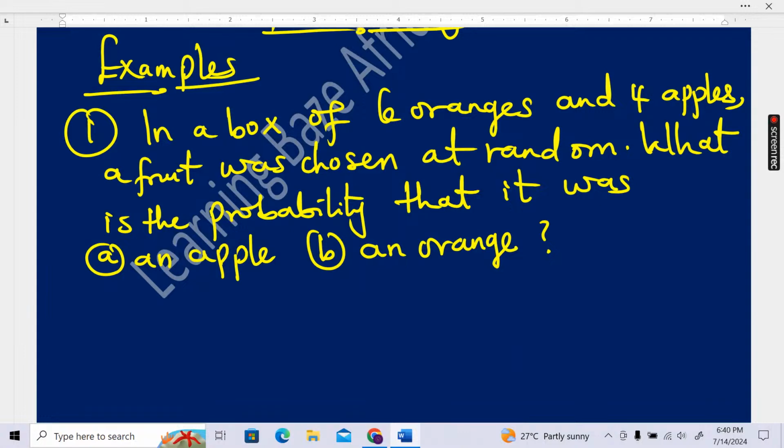It is very simple. Now listen, the formula for finding probability.